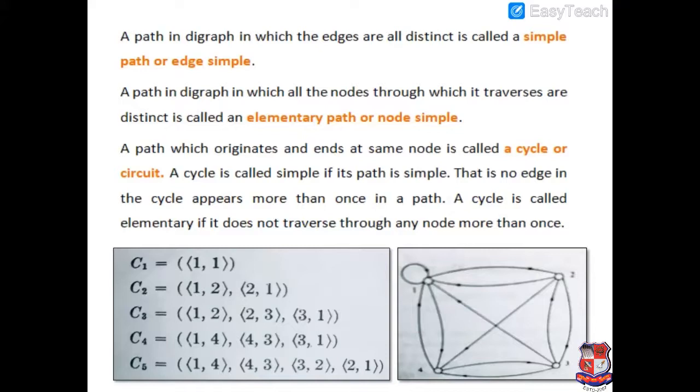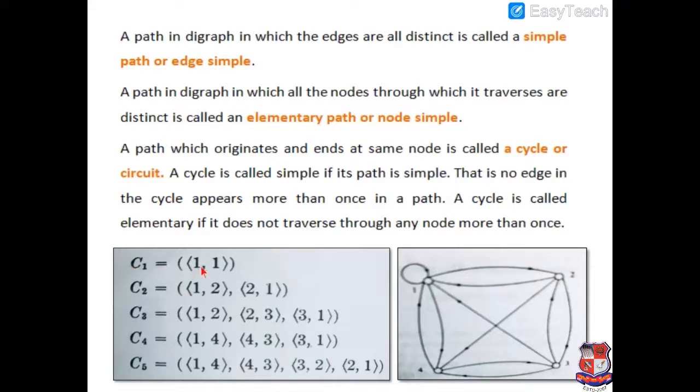That means a cycle is called simple if no edges are repeating in that cycle, that is, no edge in the cycle appears more than once. A cycle is called elementary if it does not traverse through any node more than once. A cycle is an elementary cycle if it traverses through every node only one time, and no node is repeated more than once.